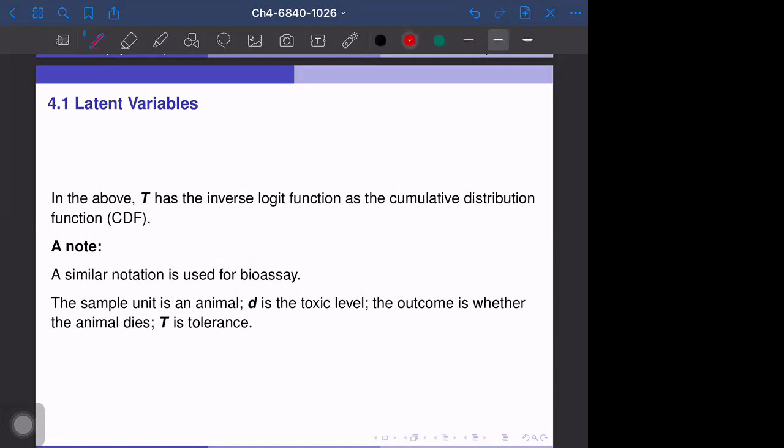Remember that the inverse logit function ranges from 0 to 1, and the domain is negative infinity to positive infinity. So this is y equal to inverse logit of x. So T has the inverse logit function as its CDF.